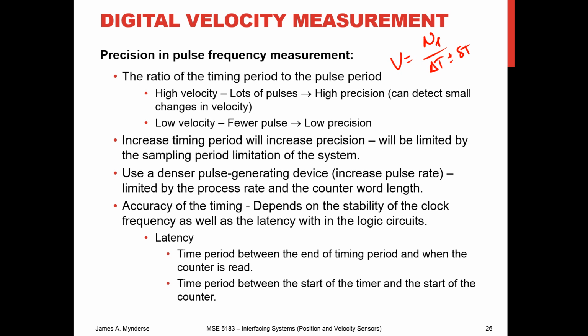So that'll help. But we do have to still worry about things like the accuracy of the timing. I mentioned that little delta t. We could have some latency in there. So we need to be very careful with our timing. Still, there should be a better system for our low speed, low velocity, low count system.